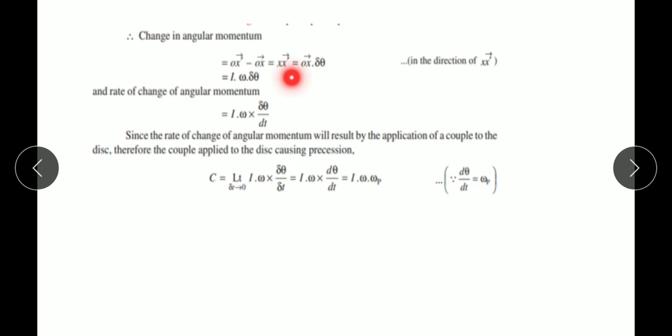That is a vector, so we take the vector XX dash equal to OX dash minus OX, so OX dot δθ in terms of direction. So that equals I into ω into δθ. We will see later here.